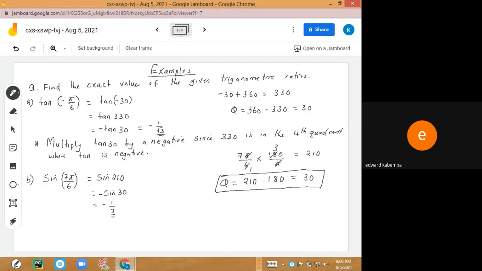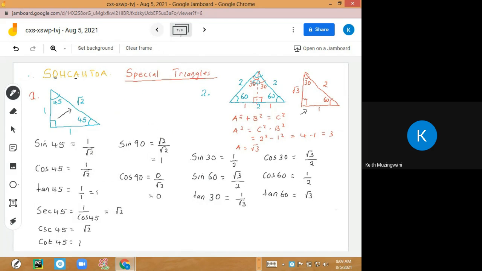Like negative sine 30. Now, how are we giving the answer as negative 1/2? Because sine 30, from here, what is sine 30? It's positive half, is it?